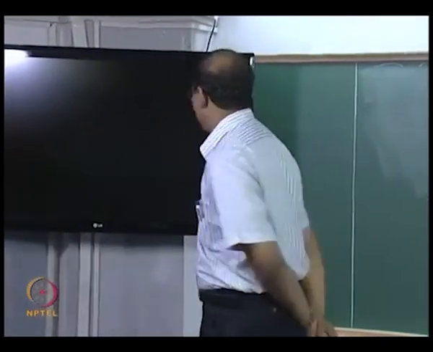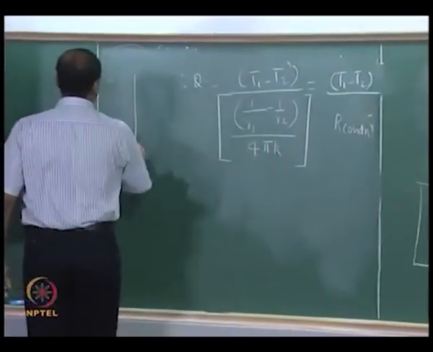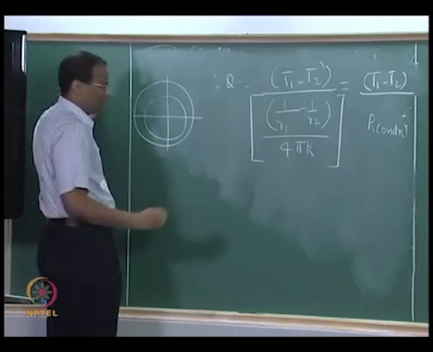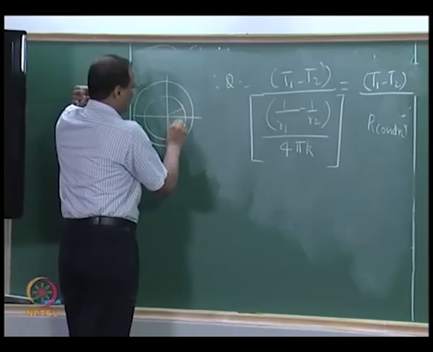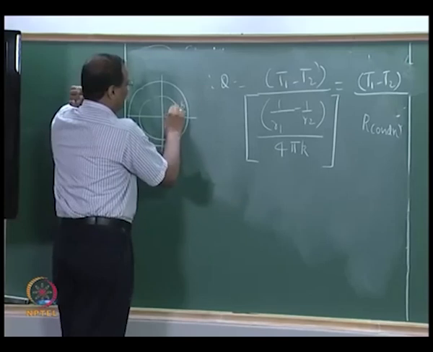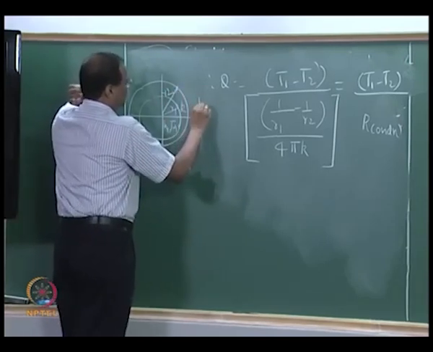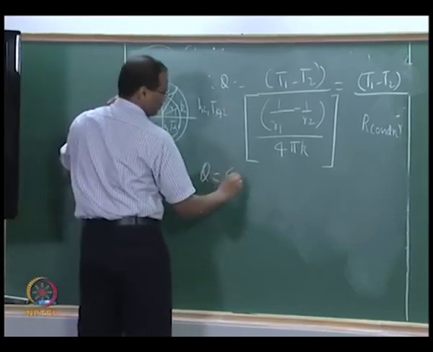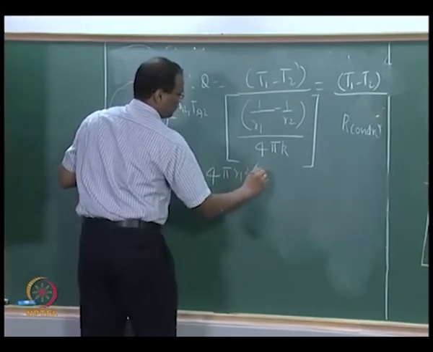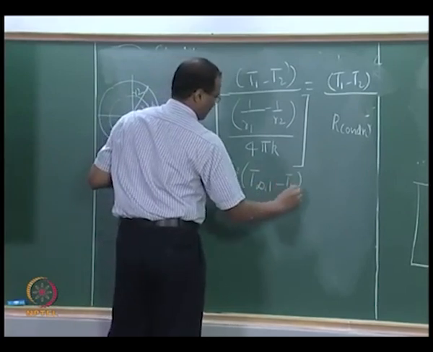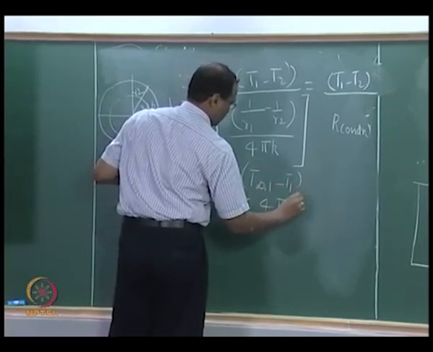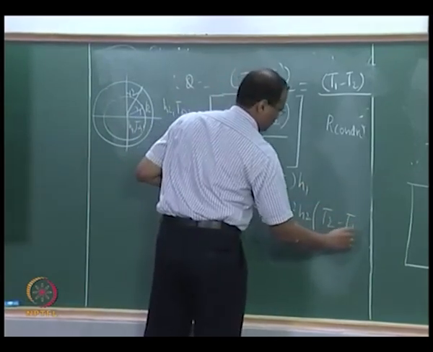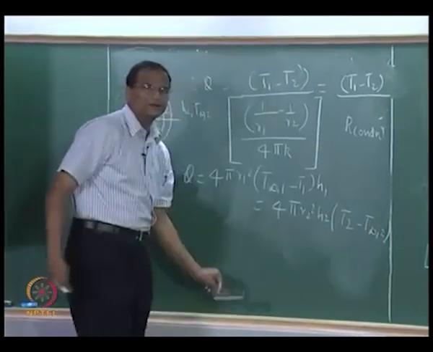Okay. Now if we have a situation where there is a spherical shell and I have h1, T infinity 1, K, R1, R2, h2, T infinity 2, this Q will be the same as, correct.